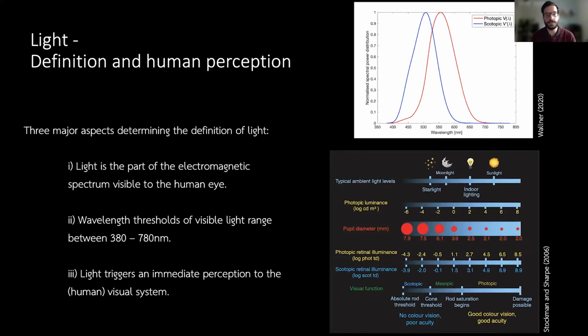So this means, and here you can see, there is in fact a shift of sensitivity. The photopic vision during the day has its maximum at 555 nanometers, and for the blue one, the scotopic vision during the night, there is a shift to shorter wavelengths, to 507 nanometers.